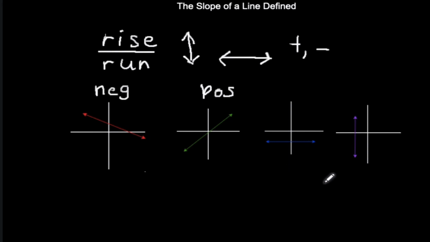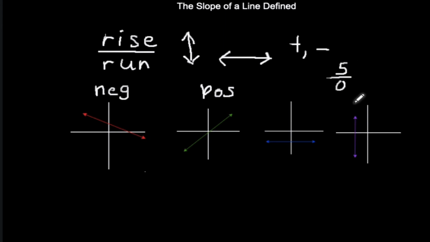And last but not least, a line has an undefined slope if it runs vertically. So you're probably asking, what is undefined? Well, undefined is simply a number that cannot be divided by 0. It's not allowed. It doesn't even make sense. So even if you saw something like 5 over 0, 5 divided by 0, well, you know that 0 times some number will never equal 5.